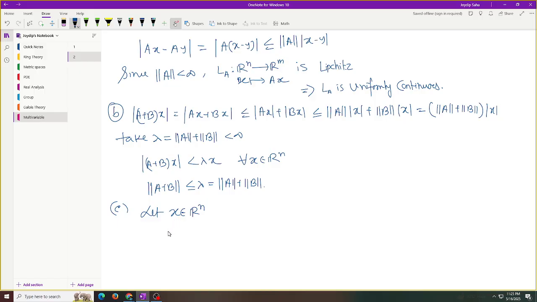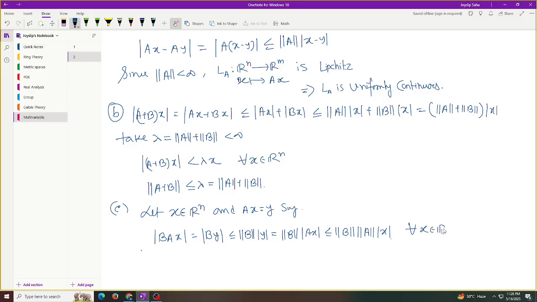So and Ax equals y, say. Then mod BAx equals mod By, this is less than or equal to norm B mod y, equals norm B mod Ax, less than or equal to norm B norm A mod x for all x in R to the power n.